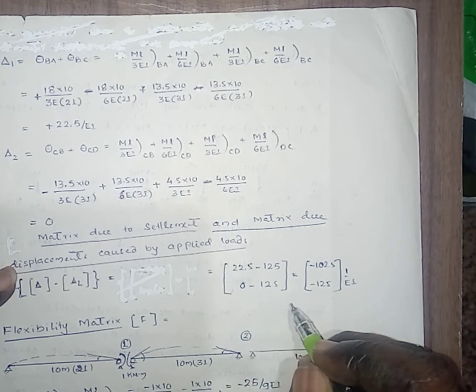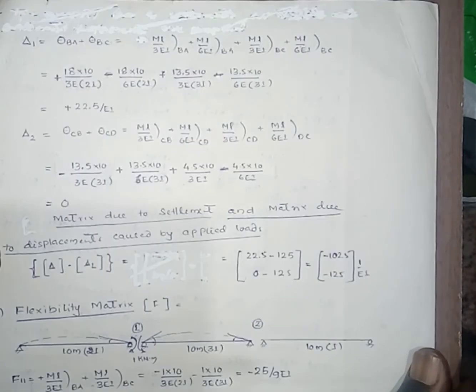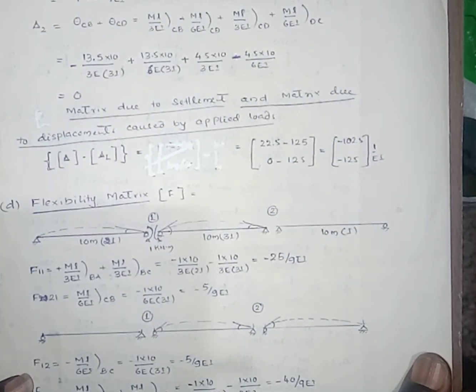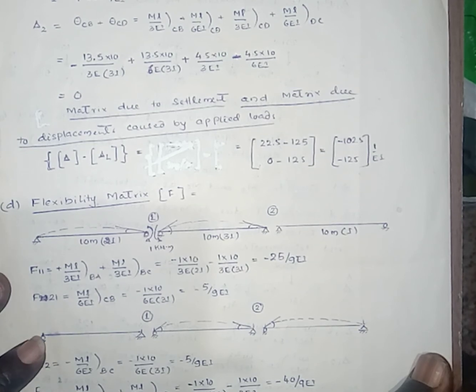Here 0 minus 125, that is minus 125 by EI. Now the elements of the flexibility matrix are found by removing the applied loads, and now we can apply the unit rotation by assuming the direction of the redundant moments MB at coordinates 1 and 2, applied separately.